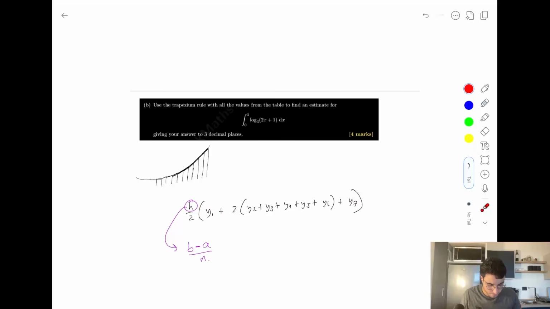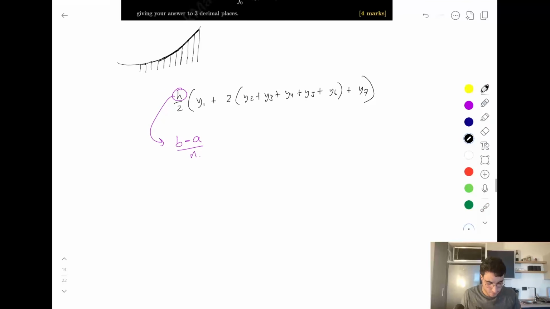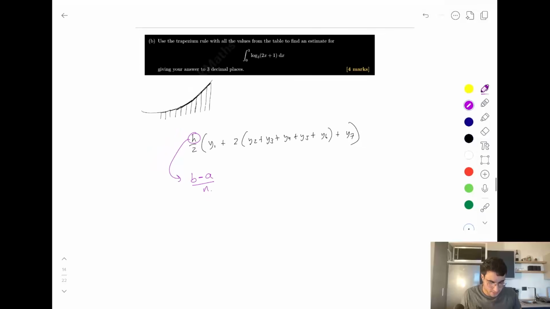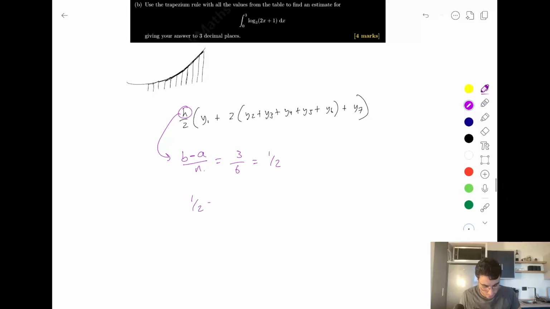So if I do b minus a over n, that's going to give me 3 over 6, which equals a half. So a half divided by 2 is going to equal a quarter.